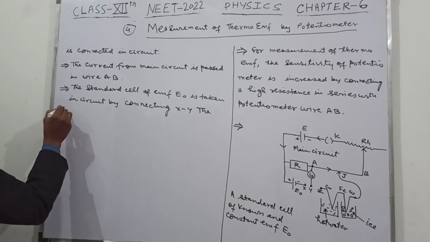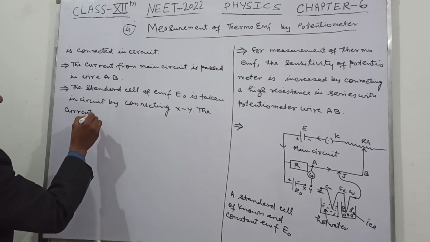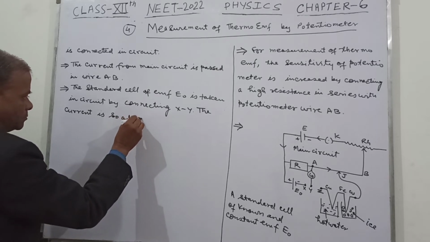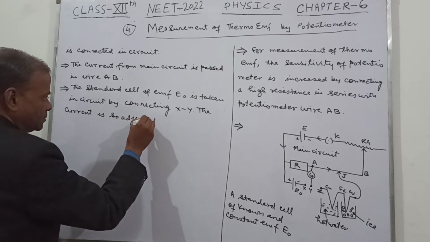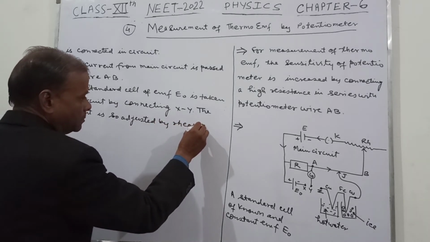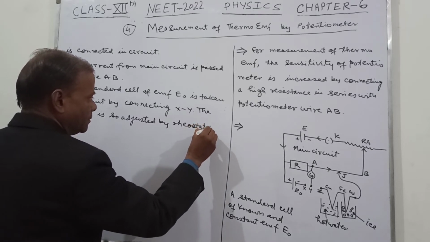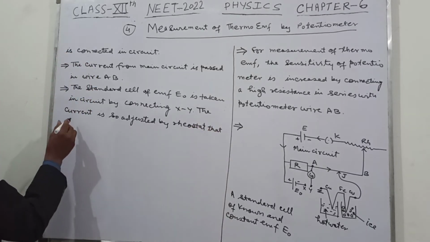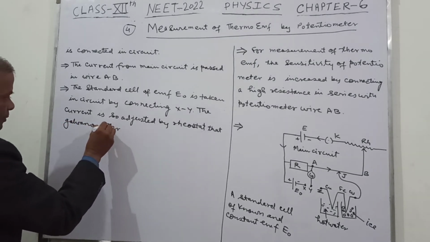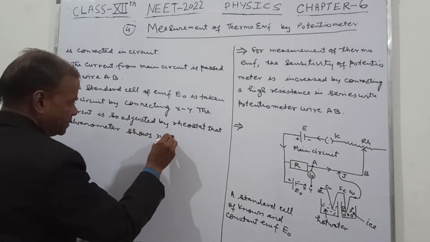The current is so adjusted by rheostat that the galvanometer shows no deflection.